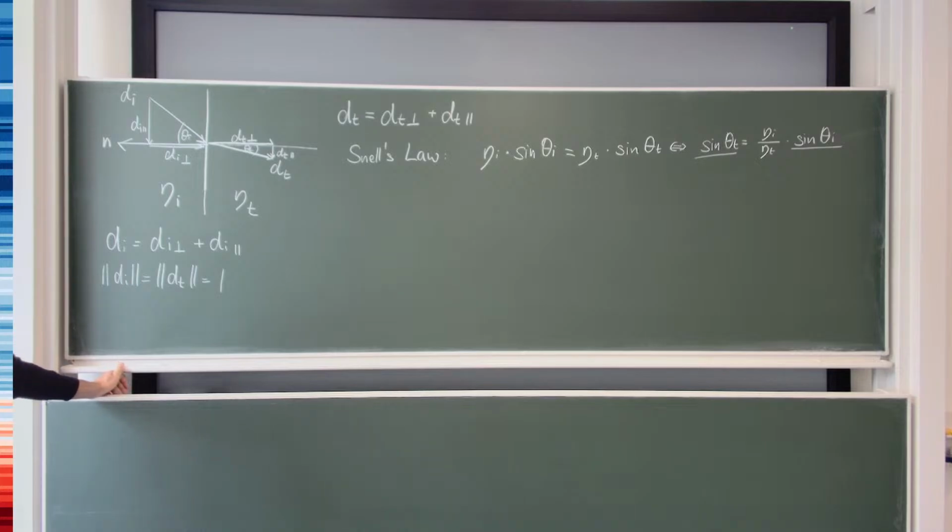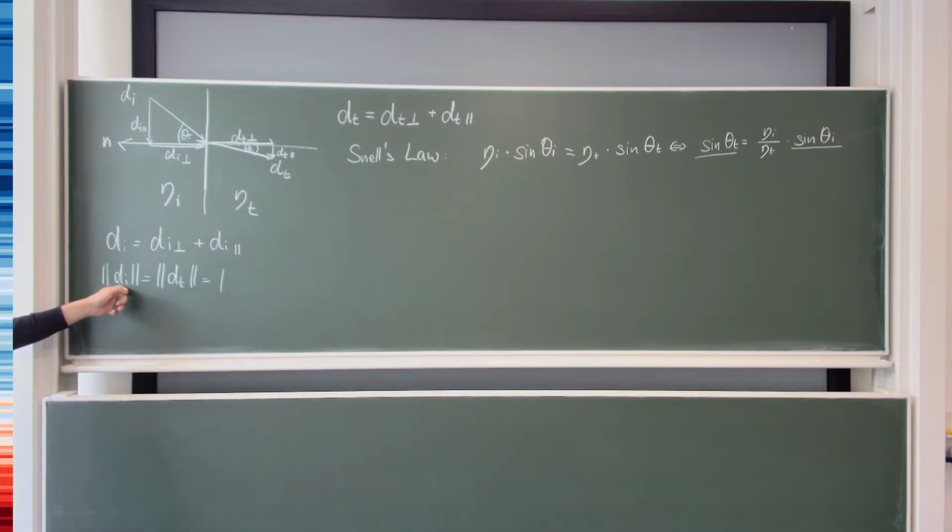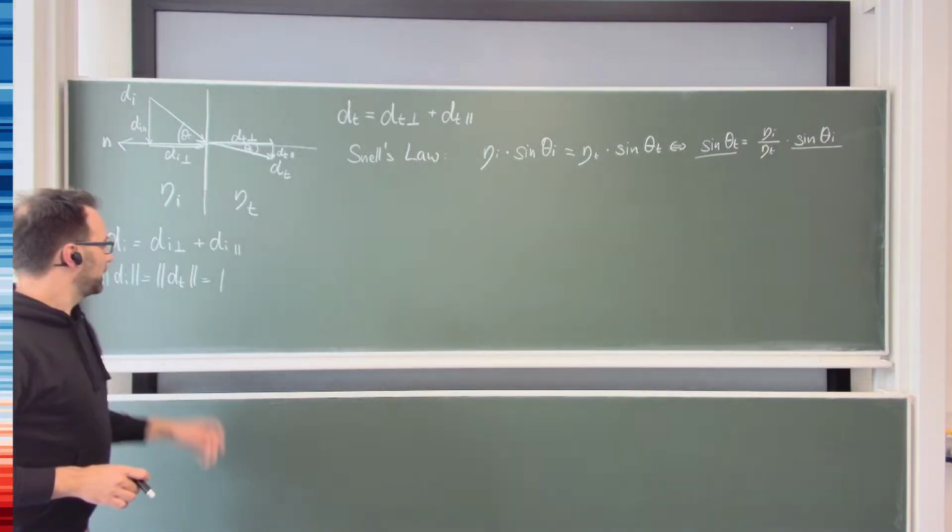How does this help us? Because this is just a ray direction, and it's always helpful to normalize directions because it simplifies equations a lot if we just need to use 1 instead of any other factor. How does this help us?